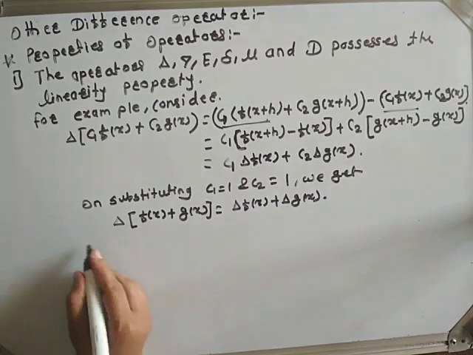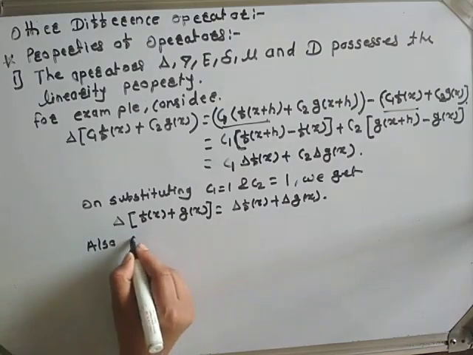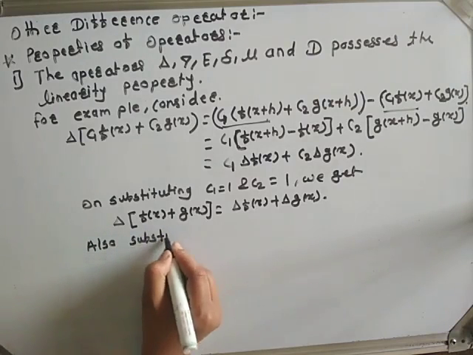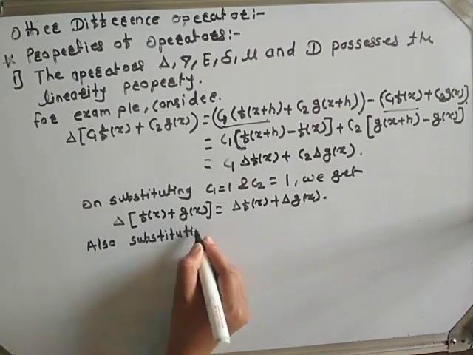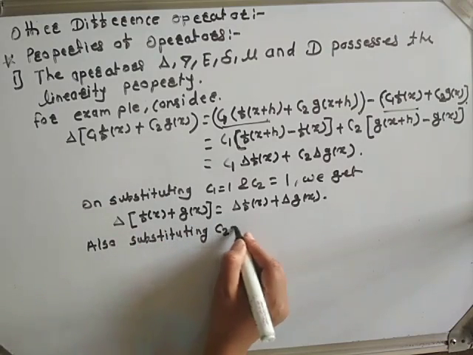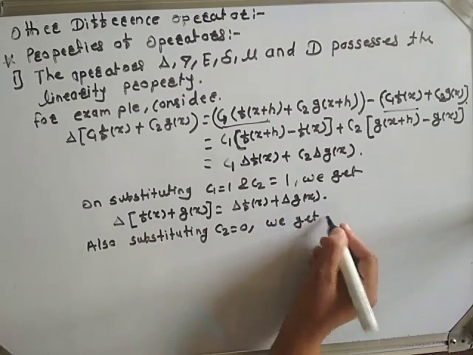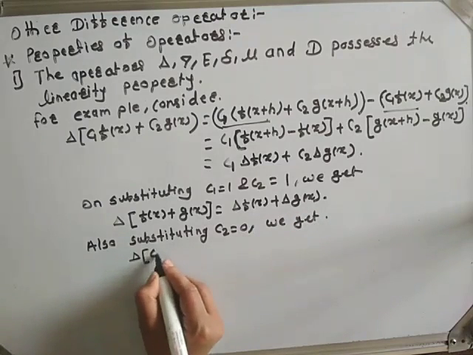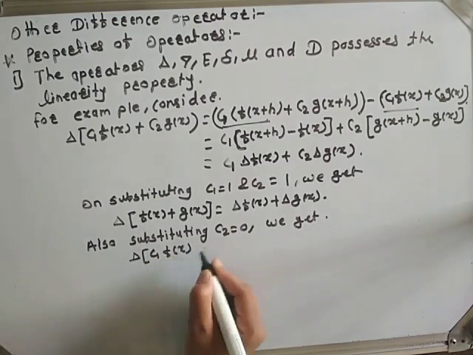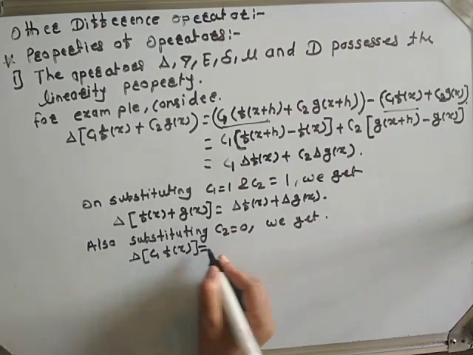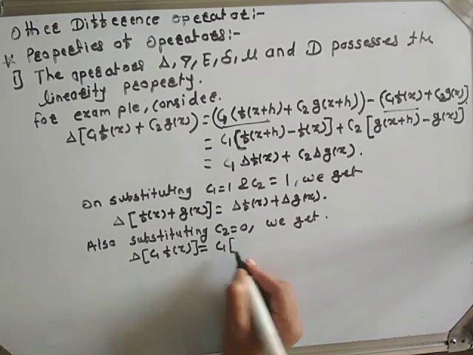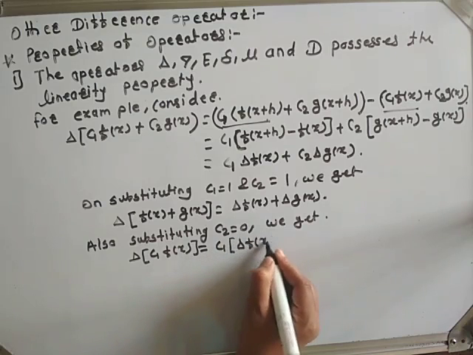Okay. Also substituting C2 is equal to 0, we get delta of C1 f of x is equal to C1 into delta of f of x.